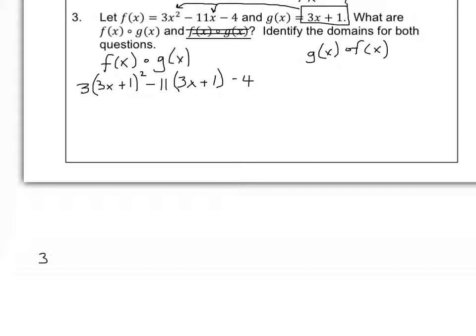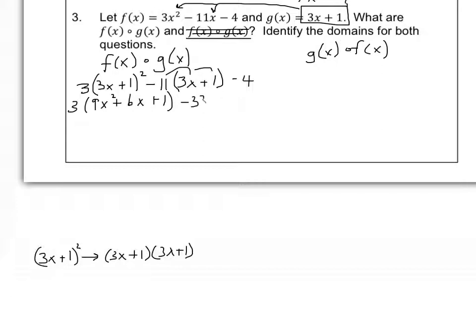Okay, 3x plus 1 squared can be written as 3x plus 1 times 3x plus 1, and I would use the FOIL method, which would give me 3 times the quantity 9x squared plus 6x plus 1. I'm going to distribute the negative 11, minus 33x, minus 11, and then bring down the minus 4.